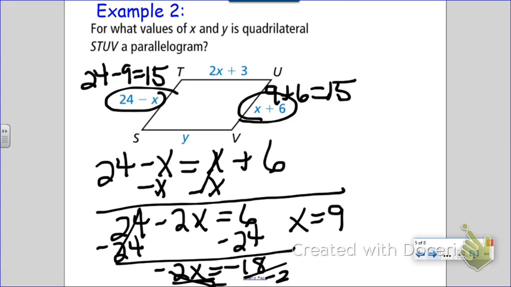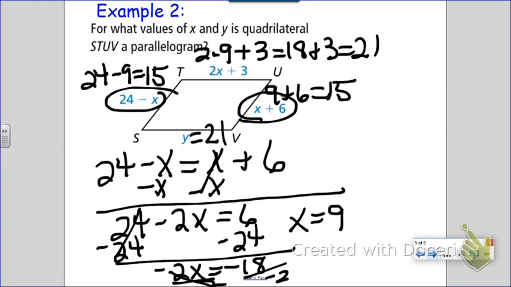If we plug x in for the top piece, 2 times 9 plus 3 is 18 plus 3, which equals 21, so y equals 21.